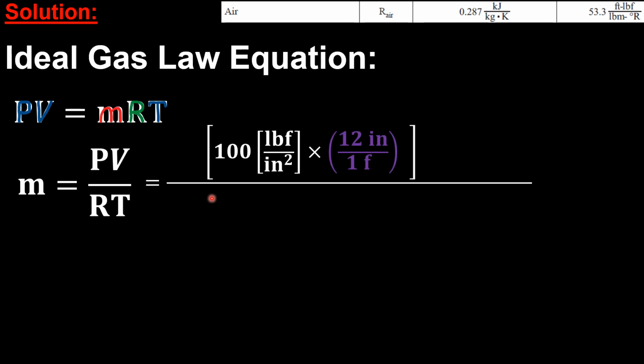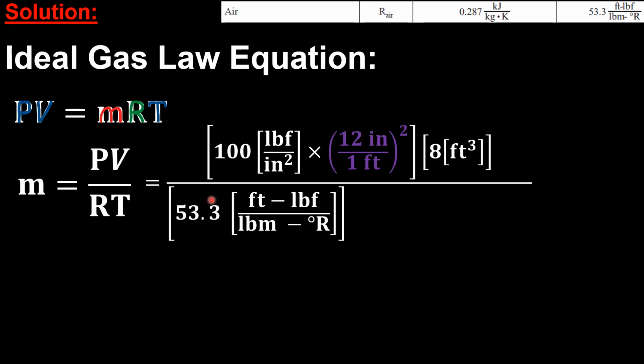Make sure that you use the correct units to match the R value that you have. So here you have inches squared, and we're going to change inches squared to feet squared. And instead of using degrees Fahrenheit, we're going to use degrees Rankine. And this in purple is your conversion factor.